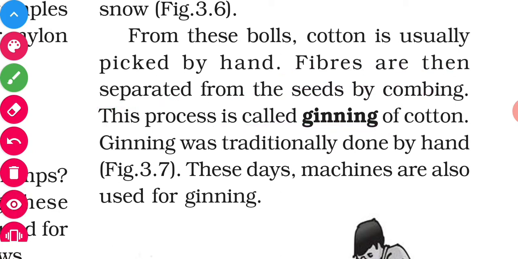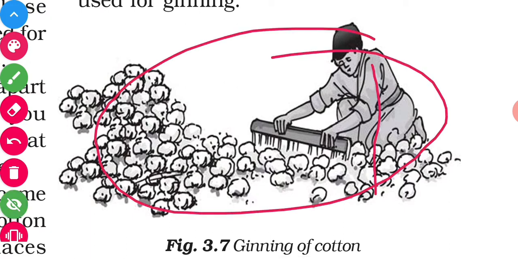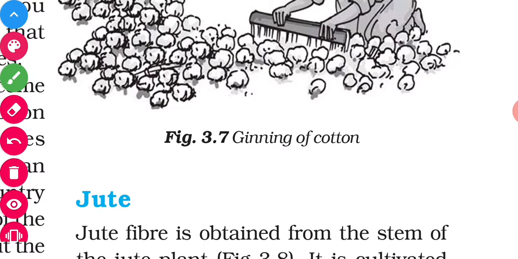This is done by hand and also by machines. Today it is done by machines, earlier it was done by hand. This is known as the ginning of cotton, that is, the removal of the seeds from the cotton.